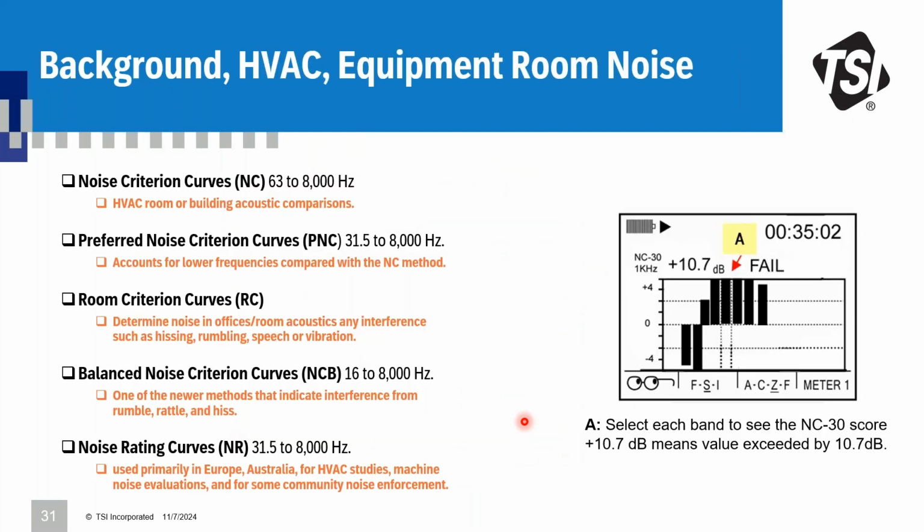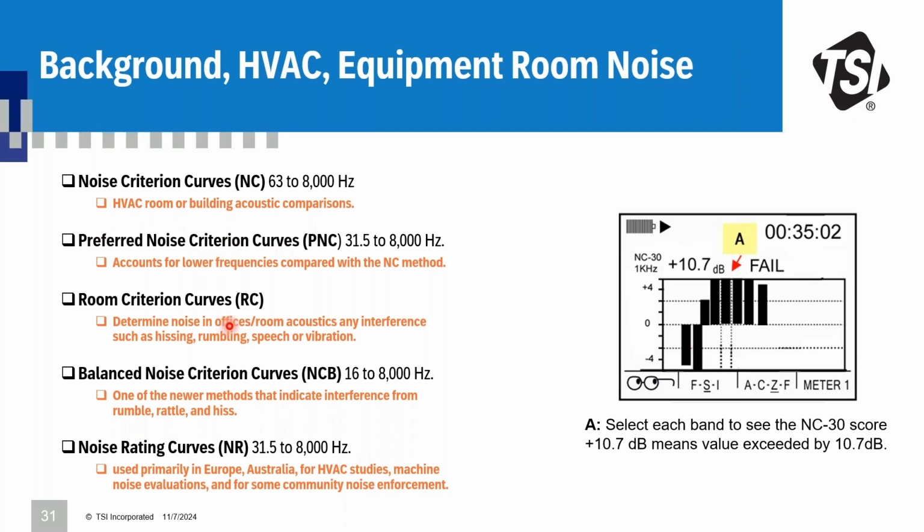And here's exactly how that translates on the meter. You can see that in every band, you either pass or fail. And when you pass or fail, whatever your score is, in this case, you have a 10.7 dB fail in this particular band. So this is an NC30 score of 10.7 dB above the NC30 curve, right? So you can skim through the entire spectrum to determine what those levels are as they relate to the specific NC30 curve.